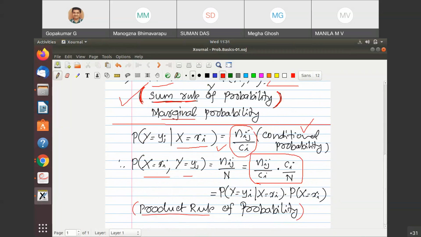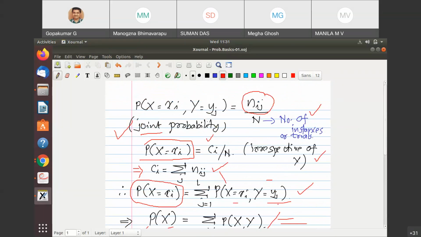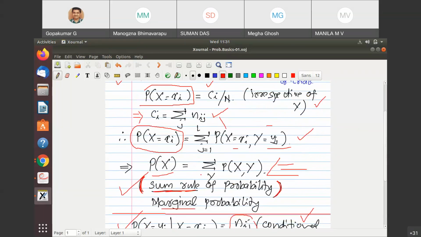It is the same as nij divided by n, but we bring in this representation in order to derive the product rule of probability. nij divided by ci is this conditional probability, and ci divided by n is the marginal probability, that is the probability of x equal to xi.